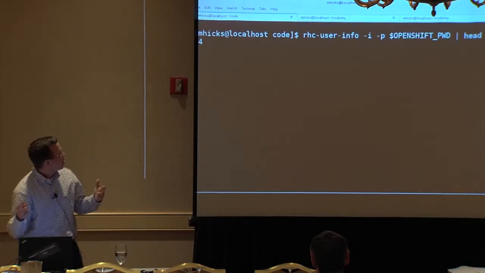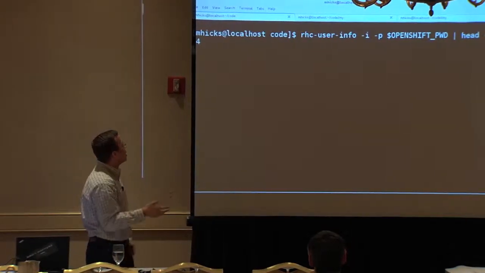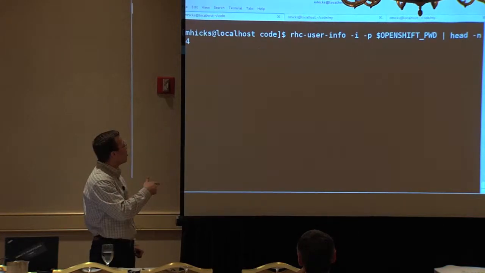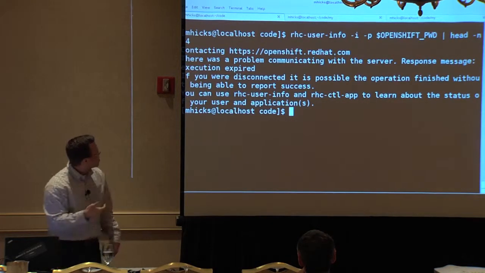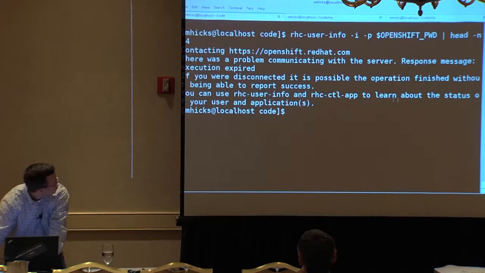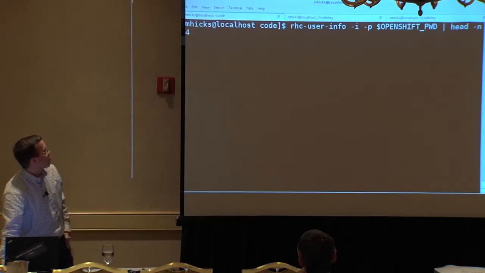I hope my internet connection works here. Ignore the command a little bit, but this is what I'm doing. I'm just calling my user information to show you that I have... network's not working. This is my life as a live demo person.